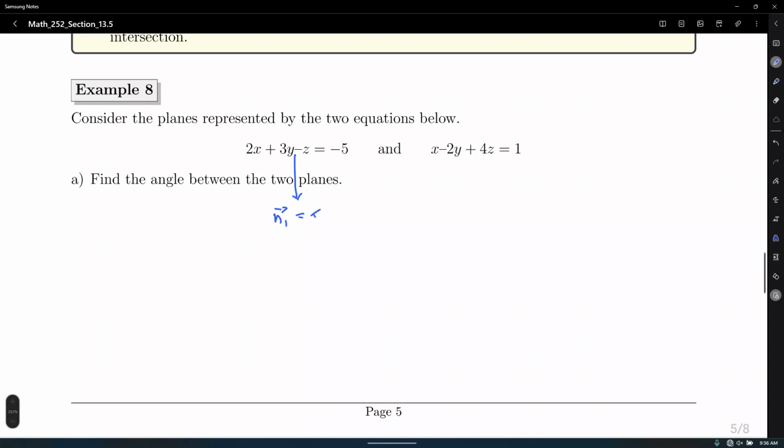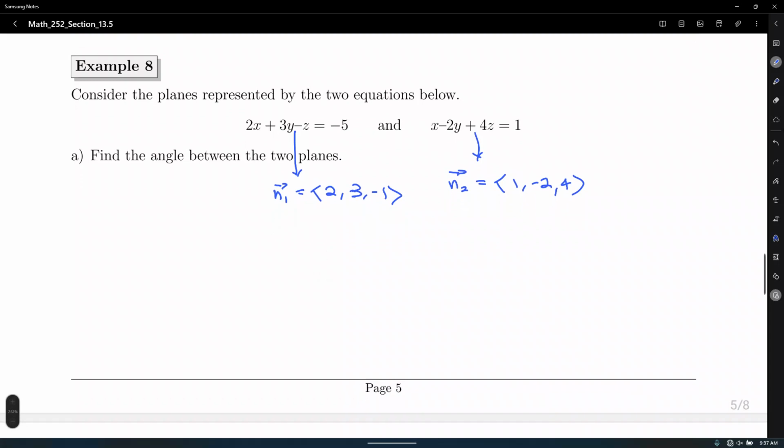We have 2 planes. That is 2, 3, negative 1. And over here, n2. That is 1, negative 2, 4. Those are the 2 vectors that we're going to find the angle of, and that's going to be equivalent to finding the angle in between the planes.